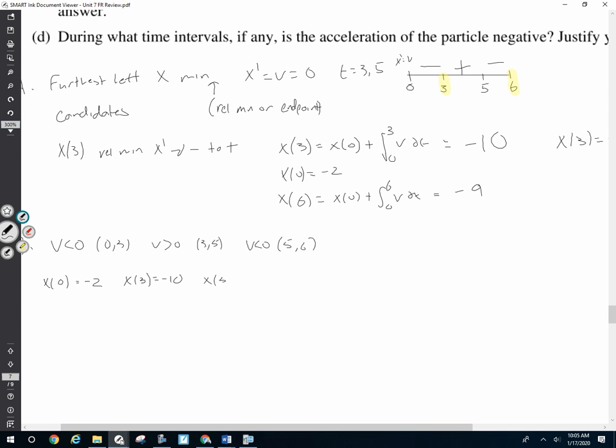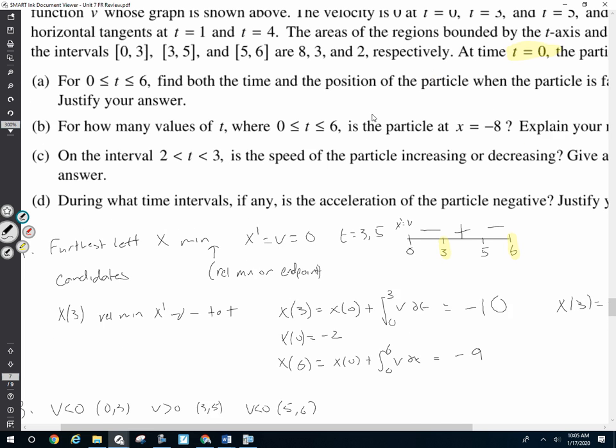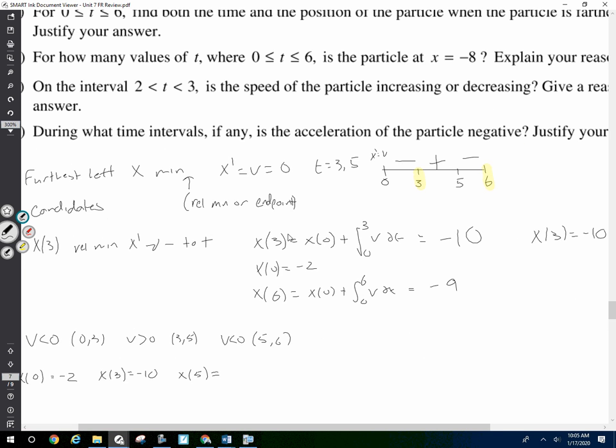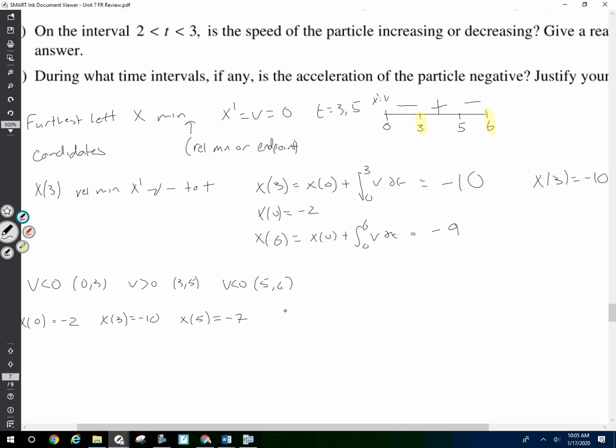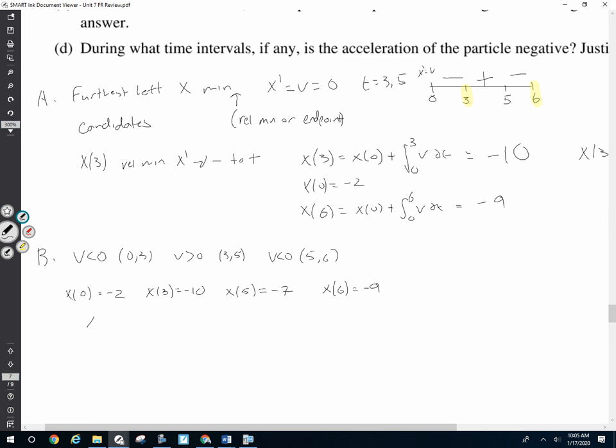X of 5 is -10 plus 3, that's -7. And x of 6 is -9. X of t must equal -8 1, 2, 3 times, each within the intervals 0 to 3, 3 to 5, and 5 to 6.